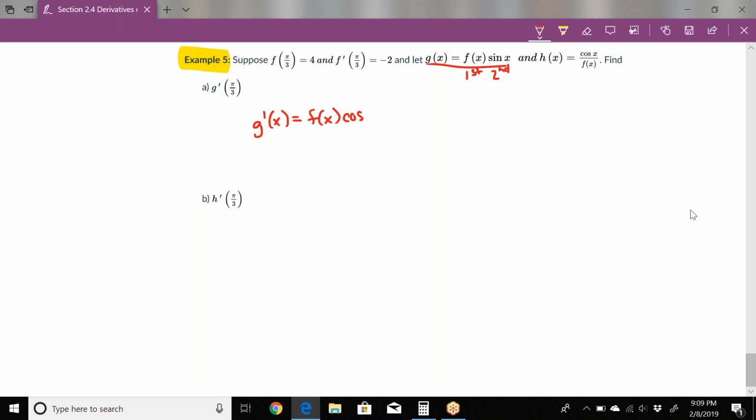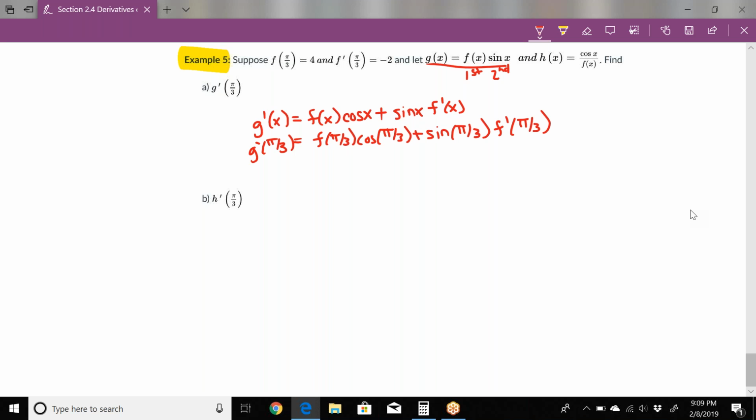So that derivative is going to be cosine x, plus the second, which is sine x, times the derivative of the first, which we would just write as f prime of x since we don't know what it is.